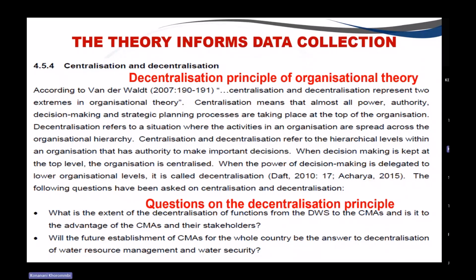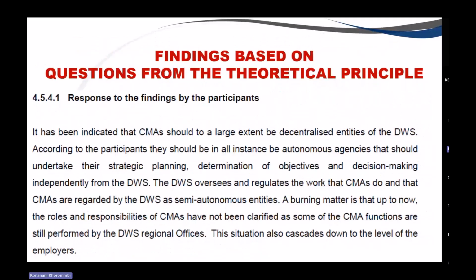It has been indicated that CMAs should, to a large extent, be decentralized entities of the Department of Water and Sanitation. This is how they responded. And they were responding to questions about decentralization. And those questions were based on the theory. So the theory looped down and came to the asking of the questions, to the responding of the questions. So it means even in the data presentations, we could show that linkage.